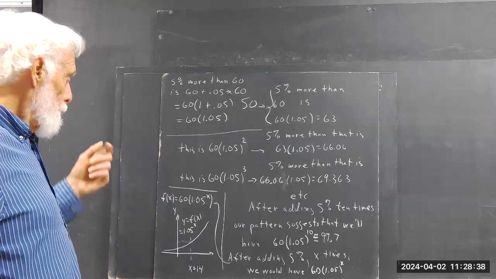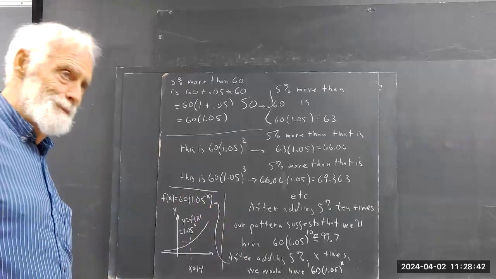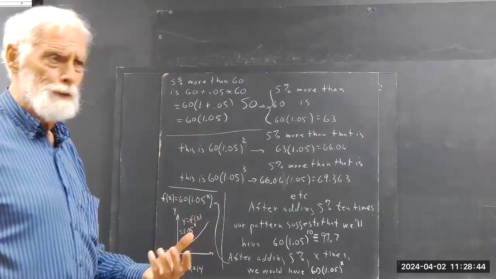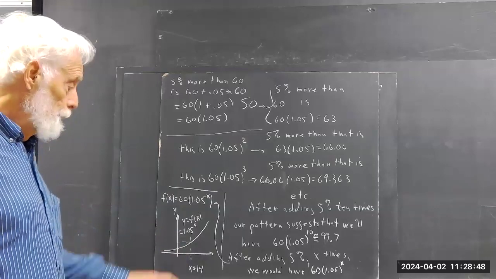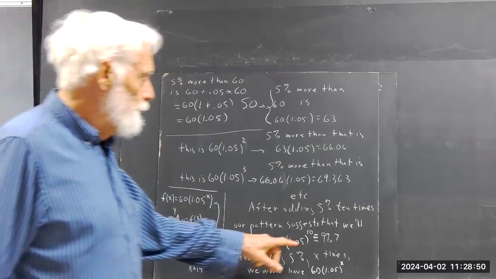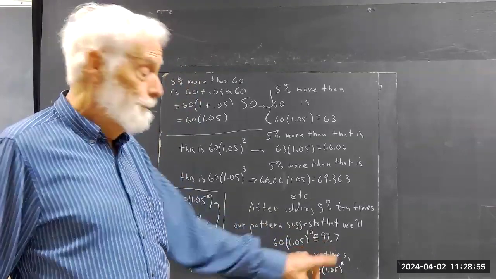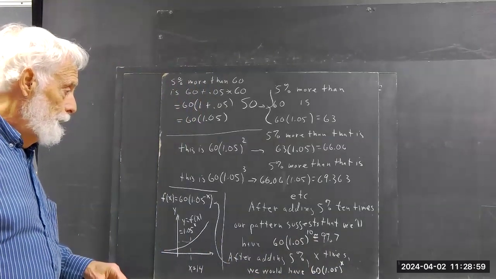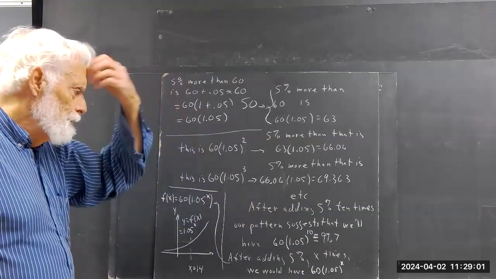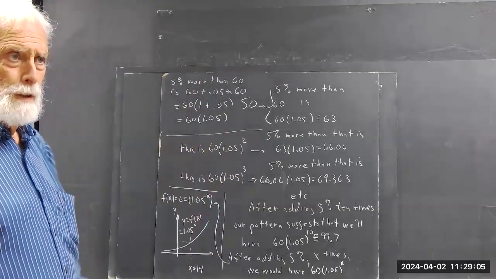Okay. The other thing is, we're going to get to this week and next: what's the doubling time of this? How long does it take to double? You see, in 10 years, we almost doubled. It turns out that in roughly 14 years, give or take a little bit, that's how long it takes to double.